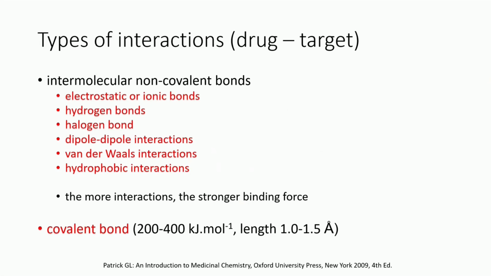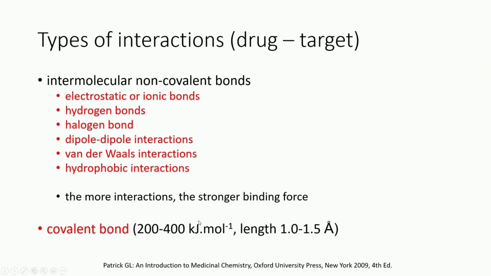Let's talk now about the types of the interactions. So generally, we can divide them into 2 groups. There are plenty of non-covalent bonds that can proceed between the drug and target. And there can be also covalent bonding, which is much stronger, but not as so often. You can see also the energy of binding, covalent binding, which is represented by 200 to 400 kilojoules per mole.